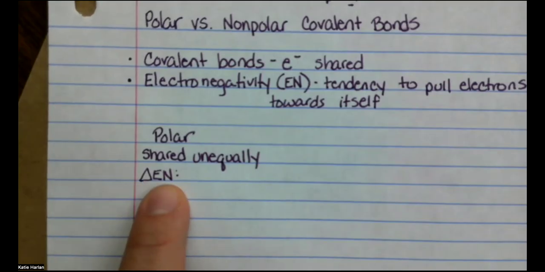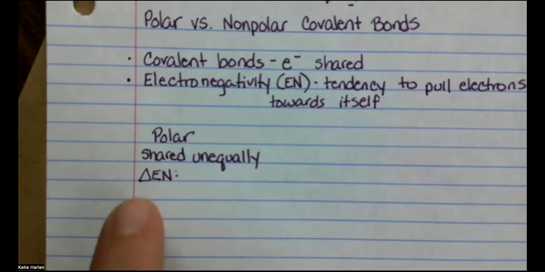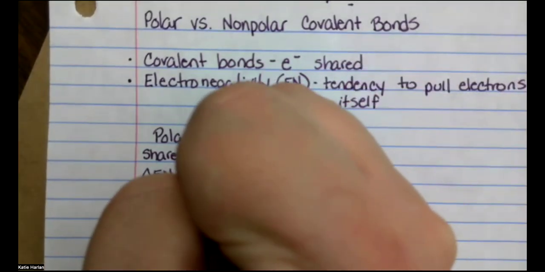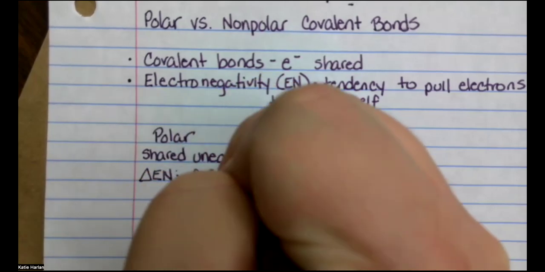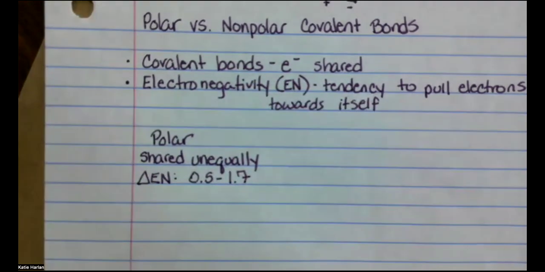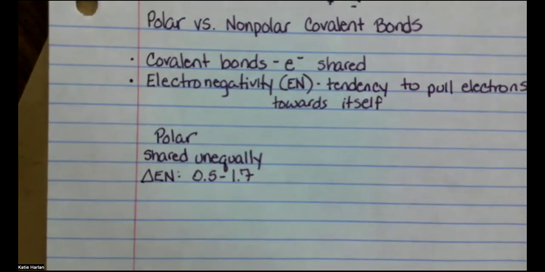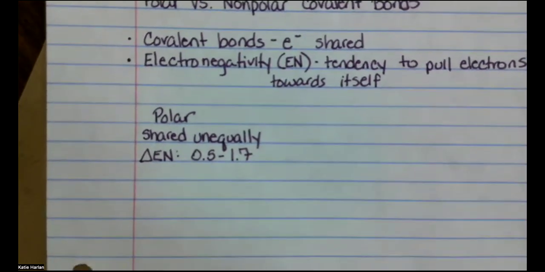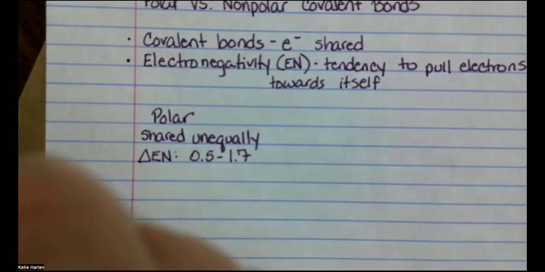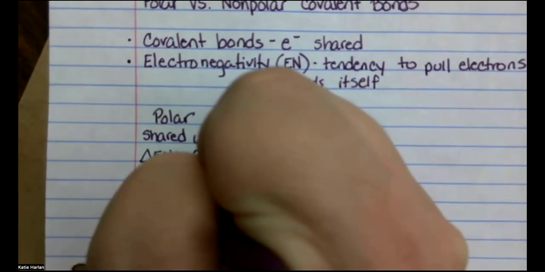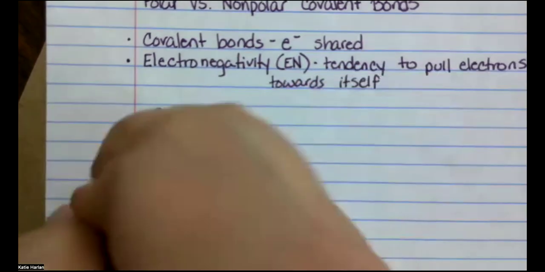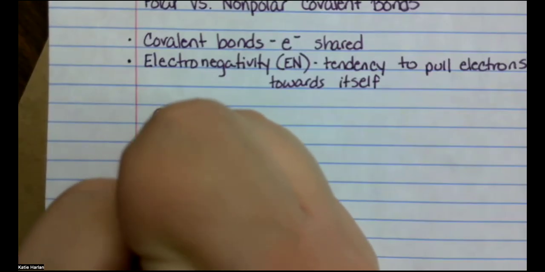So the difference in electronegativity, we're going to be doing some subtraction, is going to be between 0.5 and 1.7. And we can get those values for electronegativity on Ptable. Oftentimes, if you don't have electronegativity available, a shortcut is that the two elements are far apart on the periodic table.